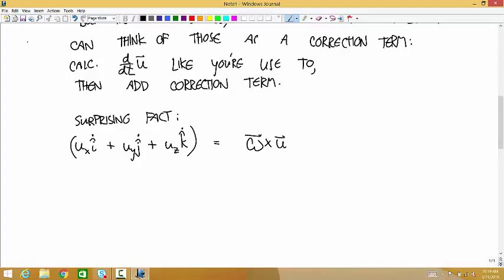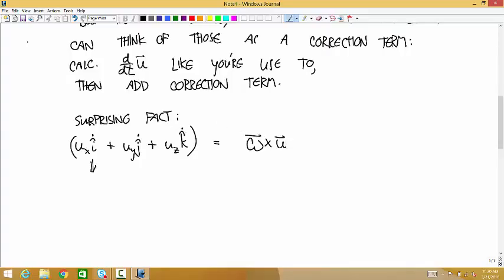And it doesn't even matter what that u vector is. Any vector that's measured in a rotating coordinate system, this relationship holds.